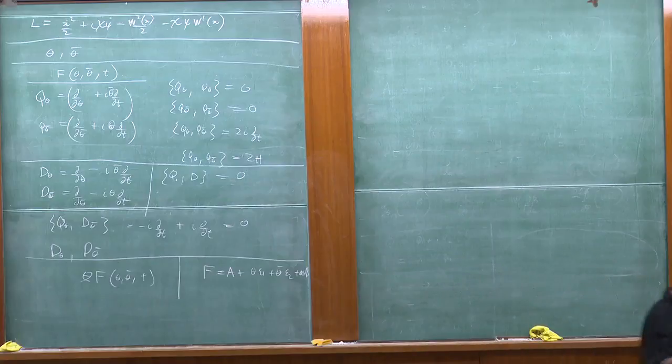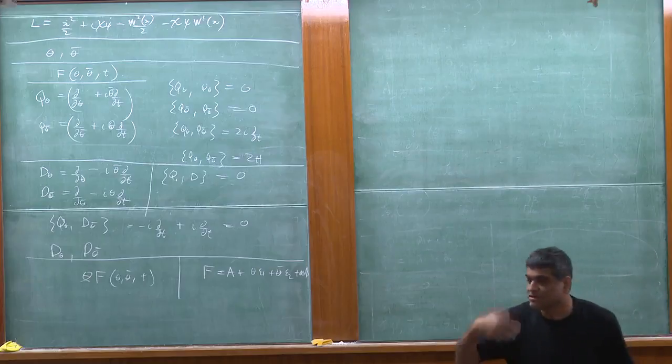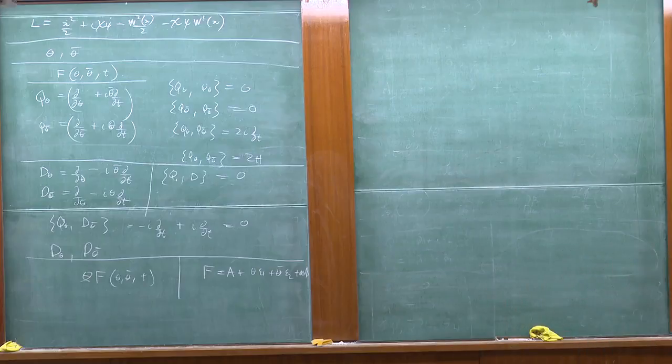Okay? So D is an operation that you can use to act on superfields that involves theta, and yet does not change their supersymmetry transformation properties.